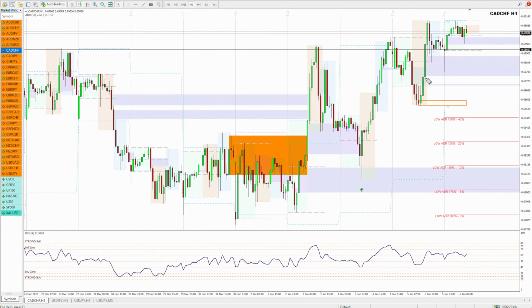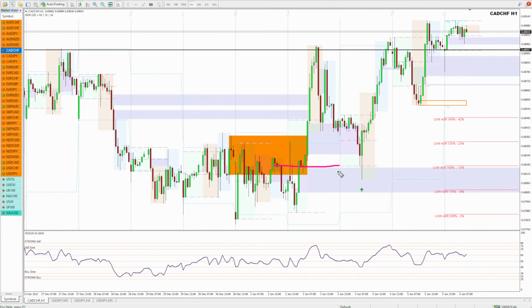This propulsion gap here is part of the move that took out these highs. So we've retested that, buyers have stepped in. We've retested it, buyers have stepped in. So there's obviously buyers here for the Canadian dollar ahead of the unemployment. So mean reverting this is a tricky one at the moment, I would say.